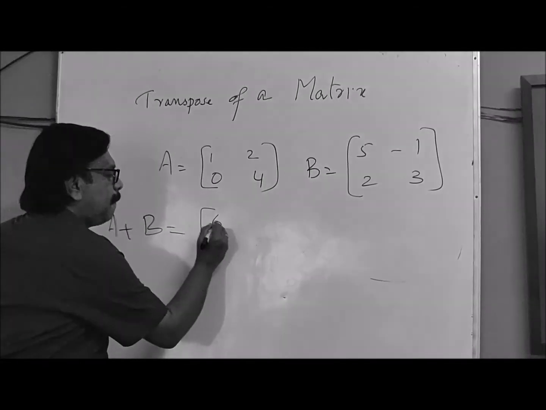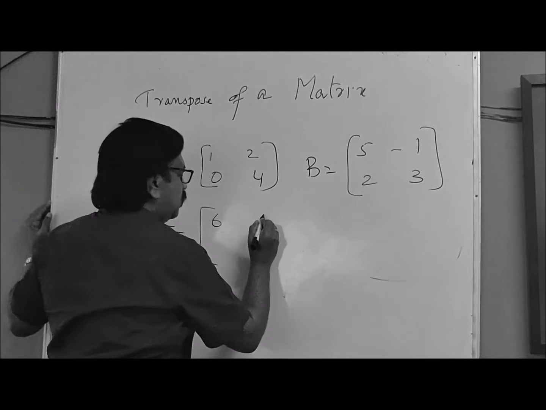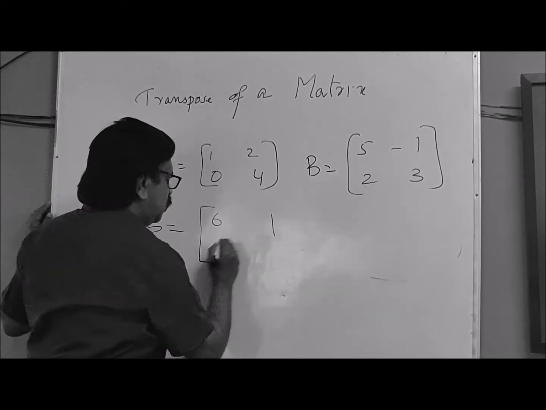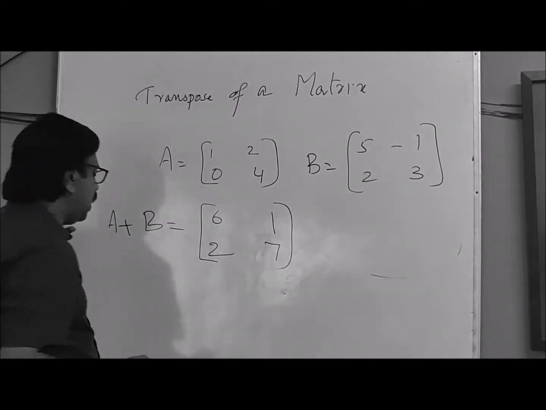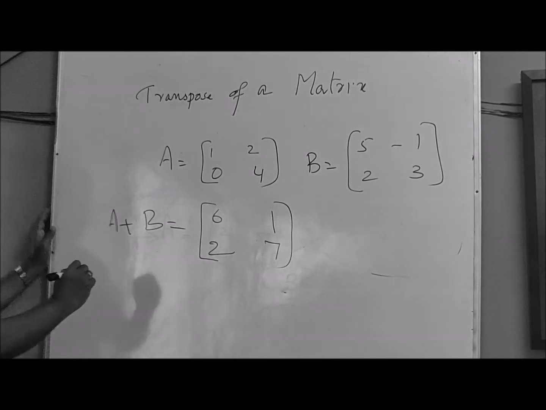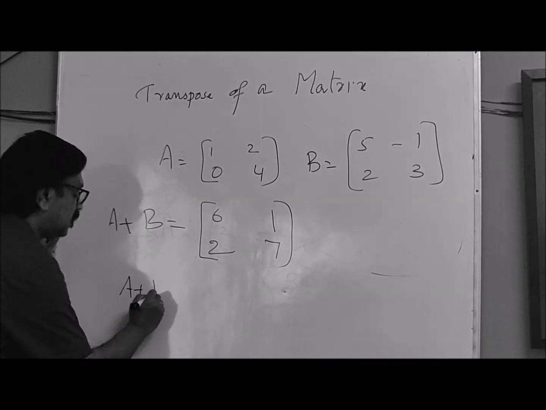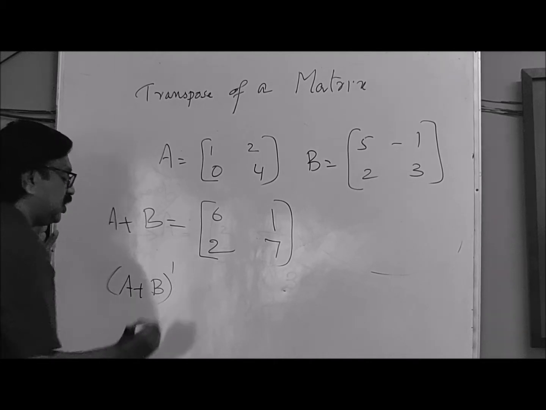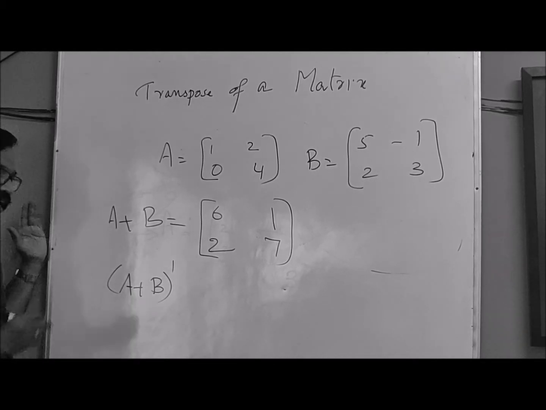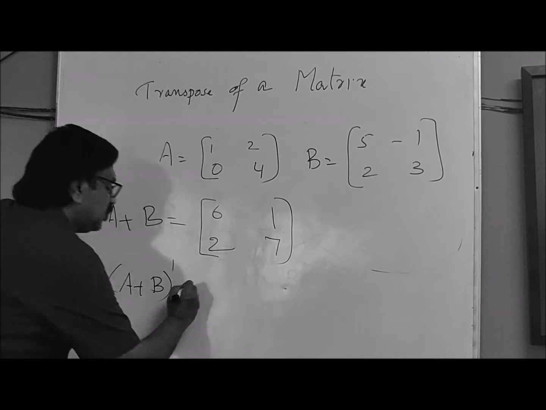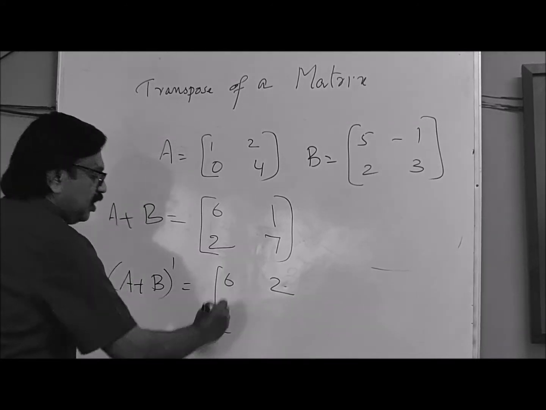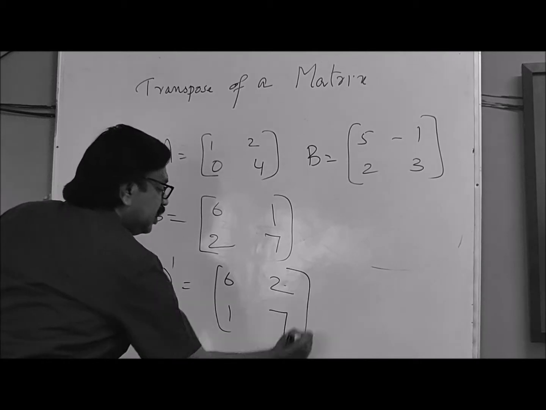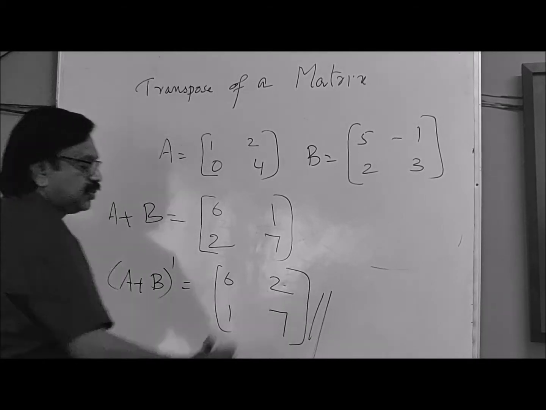That is 6, then 2 plus minus 1, that is 1, 0 plus 2, 2, 4 plus 3, 7. This is A plus B. What is A plus B transpose? Transpose means interchanging the rows and columns. The first row will become the first column: 6, 2, then 1, 7. That is A plus B transpose.